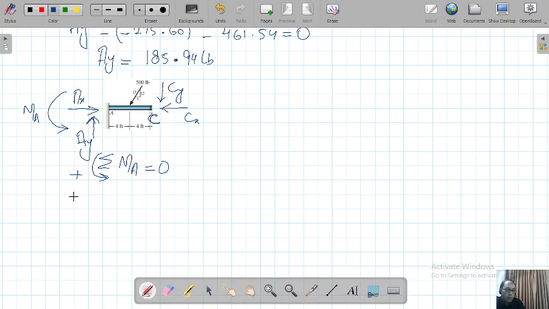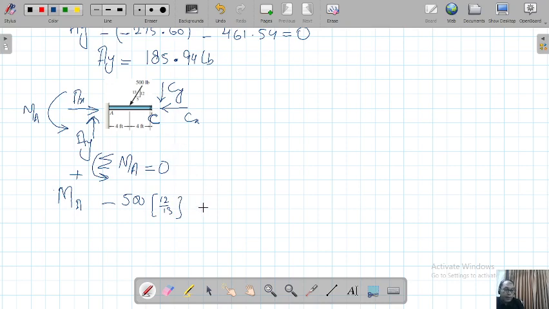So if you want to make an equation, it will be Ma, since this Ma is anti-clockwise, then the other component will be minus 500 times 12 by 13 into 4 feet, the moment arm. And what about this one?